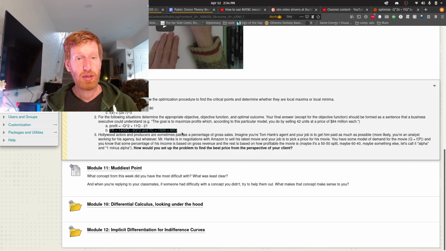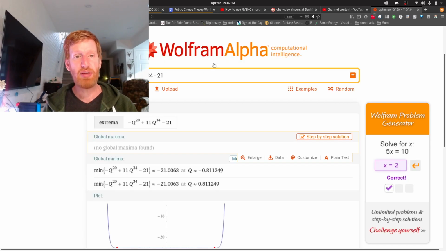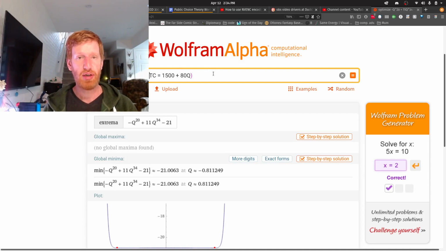For this one, a little bit trickier, but we're still going to use cut and paste and Wolfram Alpha. So we plug that in. Now we got to change things. So I want to put this total cost into parentheses, and I'm going to subtract that off of our total revenue. And I'm going to delete this stuff.